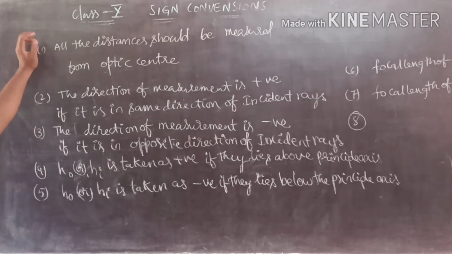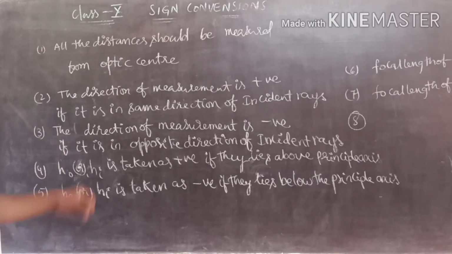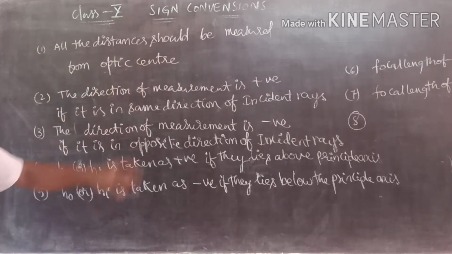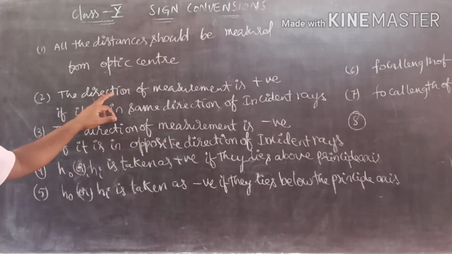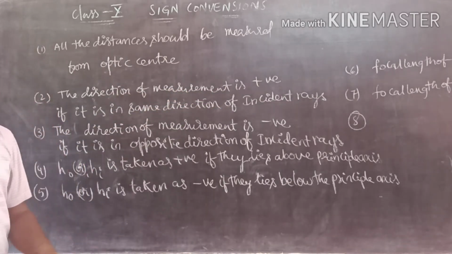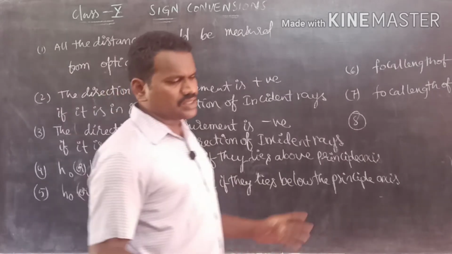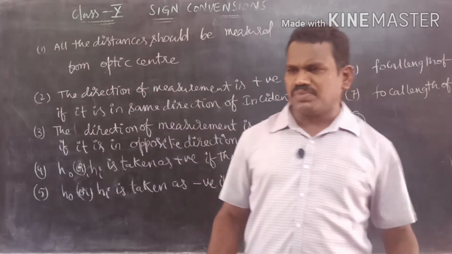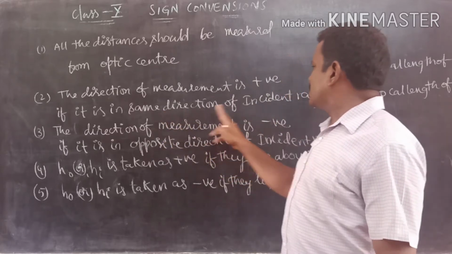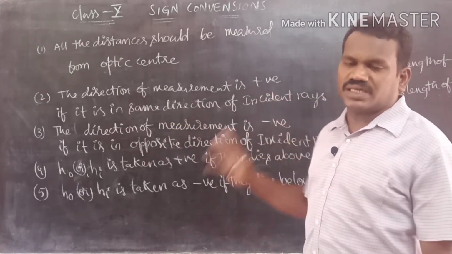Now, the final conclusions from the ray diagrams: all the distances should be measured from the optic center. Whether it is focal length, object distance or image distance, whatever it may be, the direction of measurement is positive when it is in the same direction as the incident rays.